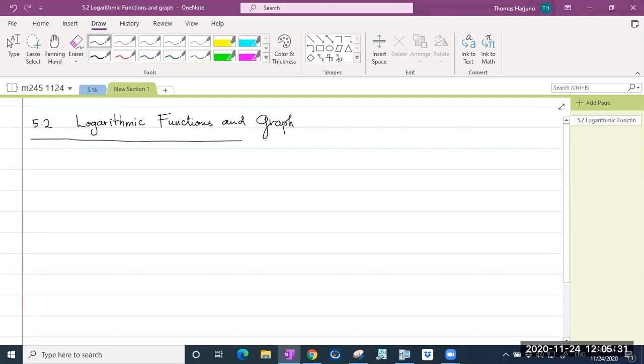First thing first. What is a logarithmic function? Definition.